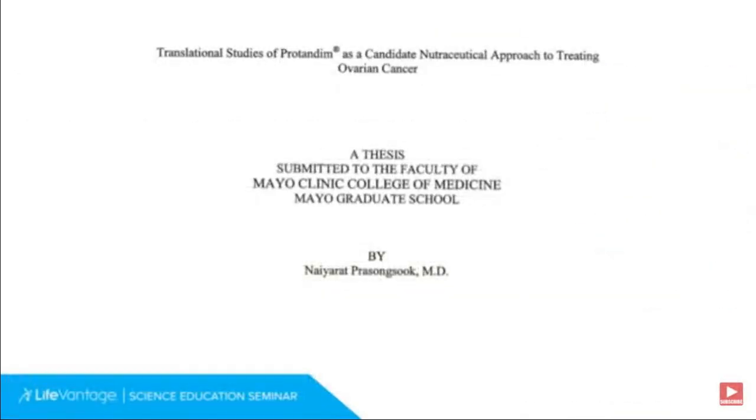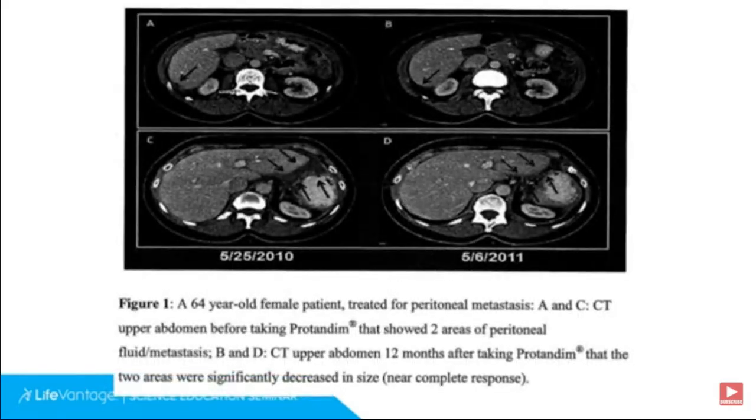This was a PhD thesis from a gentleman at the Mayo Clinic, a physician, looking at Protandim as an approach to ovarian cancer. And it started with this case, this woman that came to him with metastatic ovarian cancer.